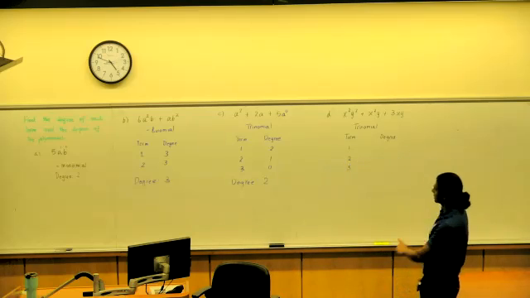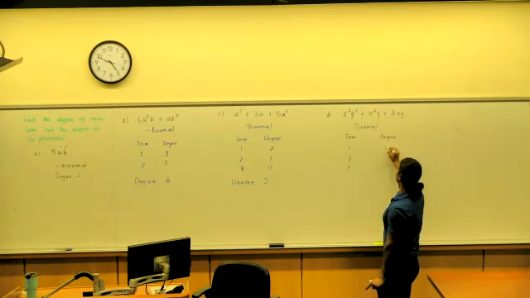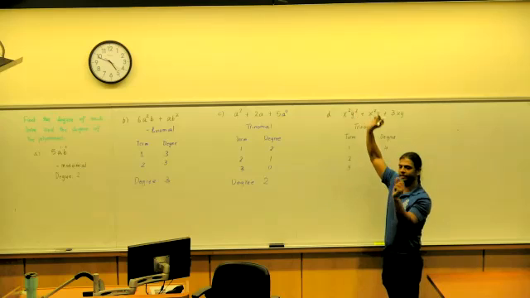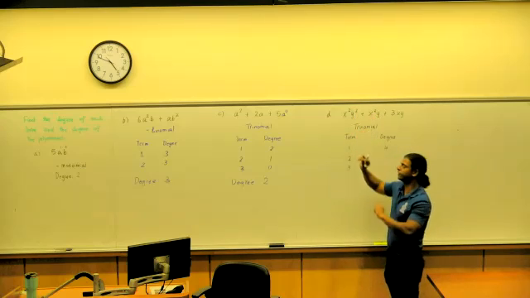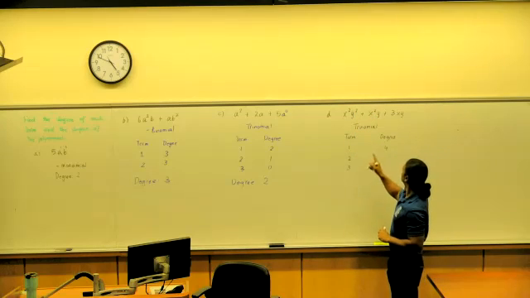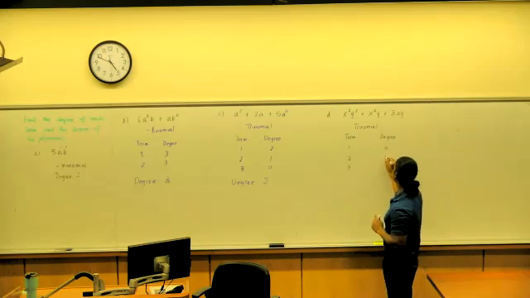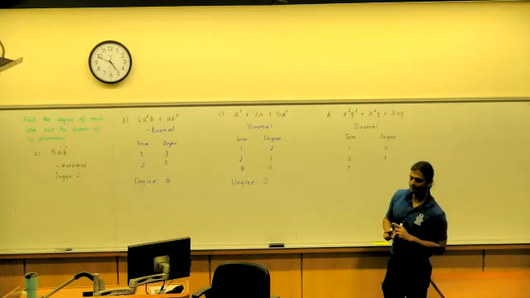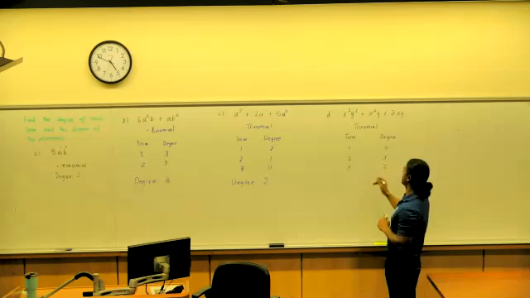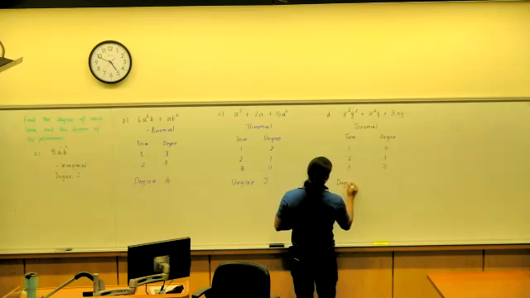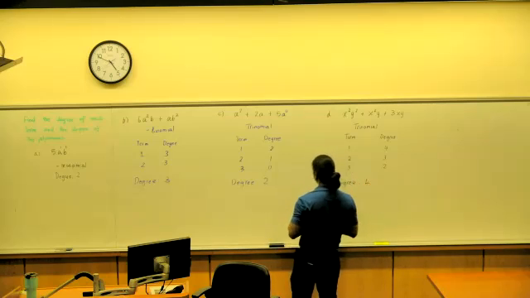What is the degree of the first term? 4. I have two different variables, so I've got to add their individual powers. 2 plus 2, 4. What about the second term? 3. What about the third term? 2. And finally, what is the degree of the trinomial? 4. It is 4.